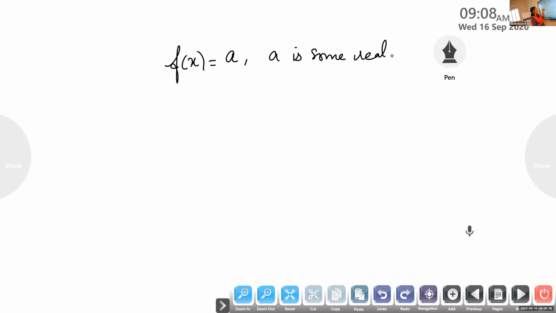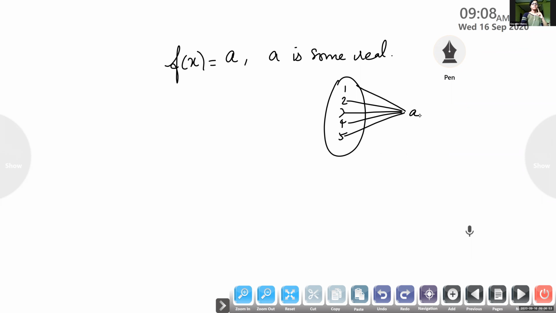Range means image. f of x is A, so all the elements will be mapped onto A. The range is A, a single element, a singleton set.